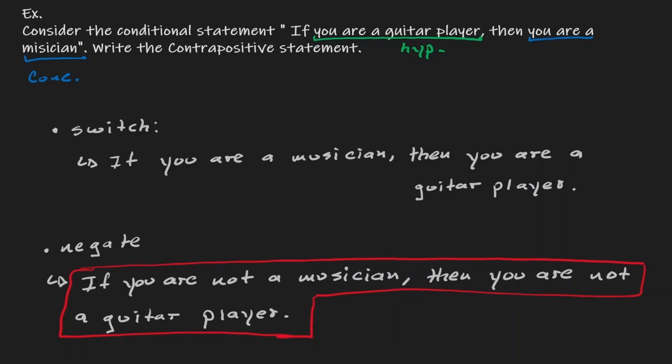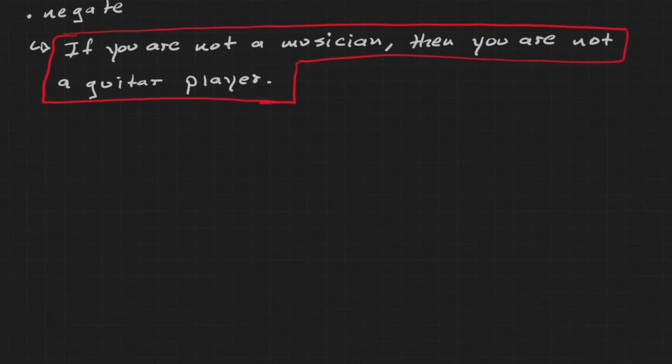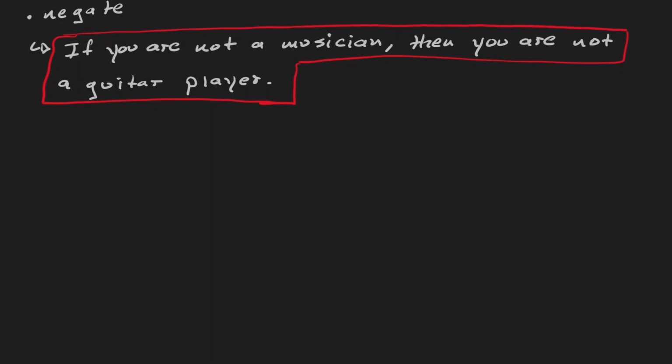Now, the last thing that I do want to discuss is the relationship between a conditional statement and a contrapositive statement. Let's look at the statement, if you are a guitar player, then you are a musician. And the statement, if you are not a musician, then you are not a guitar player. Well, we can see that those two statements have the same meaning. So in terms of logic, we can always assume the following.